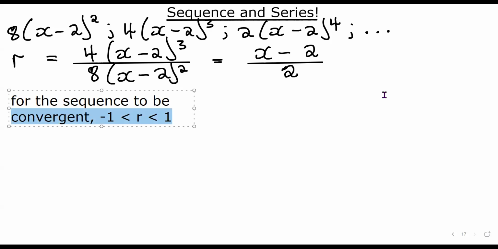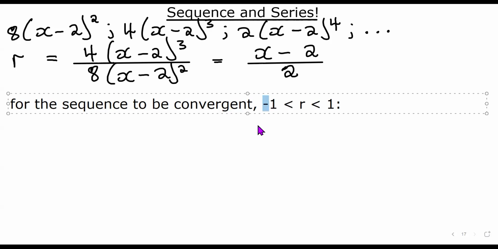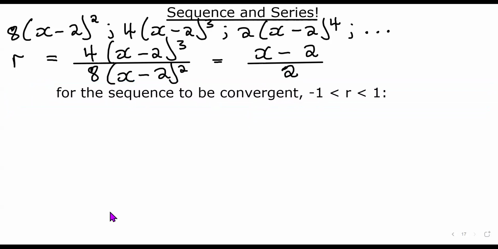Please tell them this. It's terribly important. They need to know this. So in other words, (x − 2) divided by 2 must be less than 1 but greater than −1.